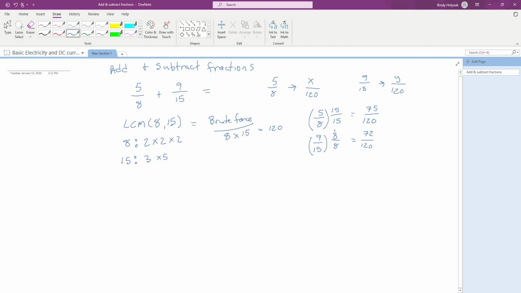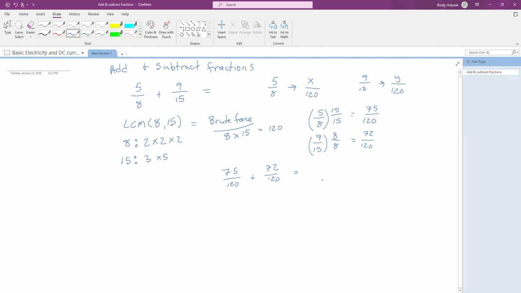So then we take our two new fractions, our two modified fractions, and we put them back into the same order that we had. So we have 75 over 120 plus 72 over 120. And then we perform the indicated operation.